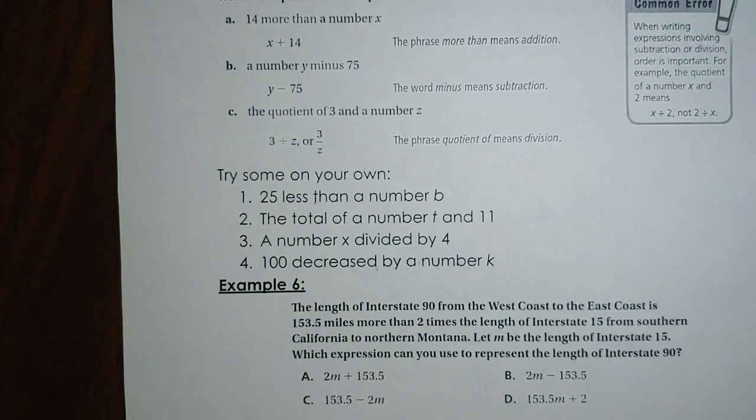B, a number Y minus 75 is Y minus 75. And then C, the quotient of 3 and a number Z is 3 divided by Z, or 3 over Z.